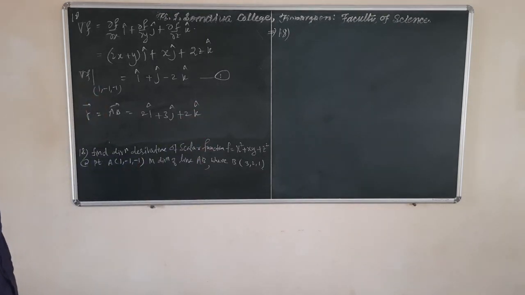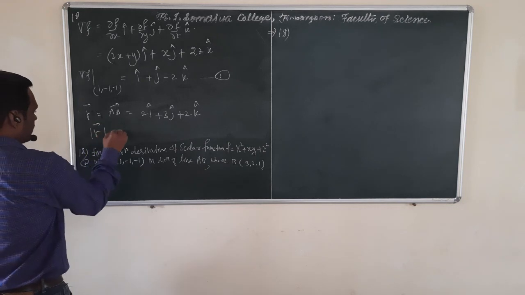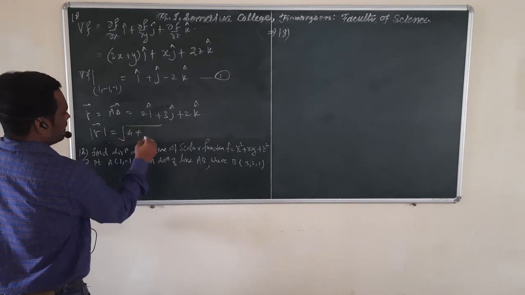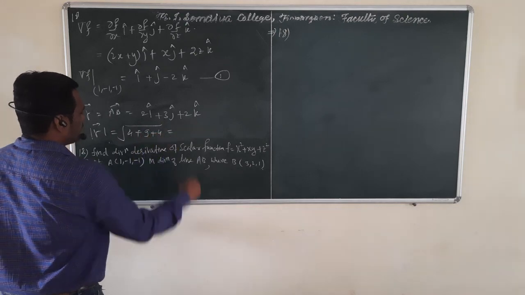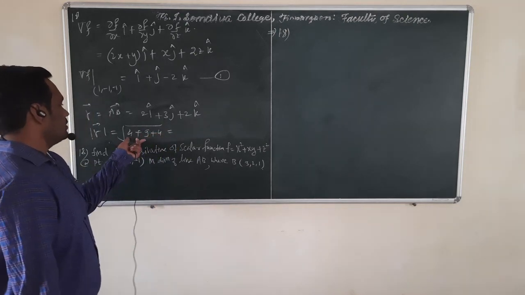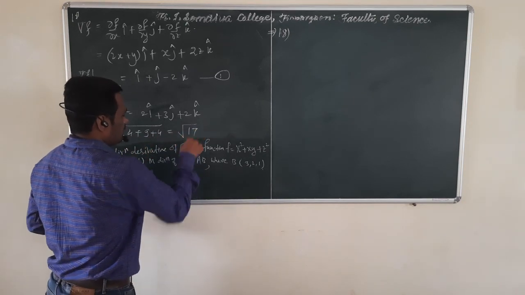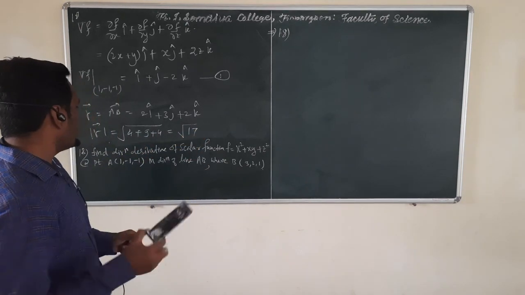And the magnitude of this vector is the square root of 4 plus 9 plus 4, which is 17, so root 17.